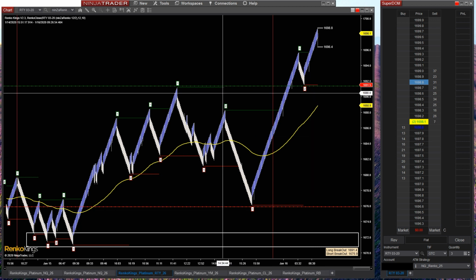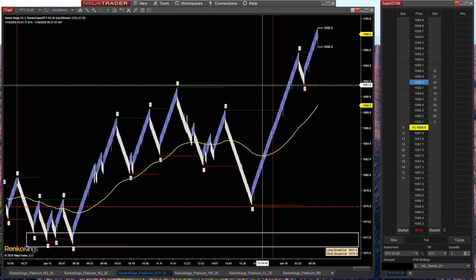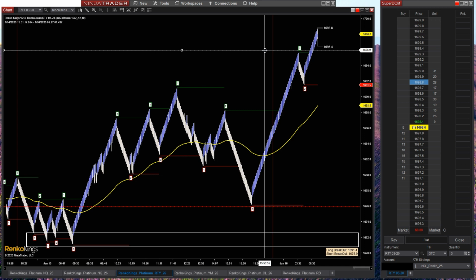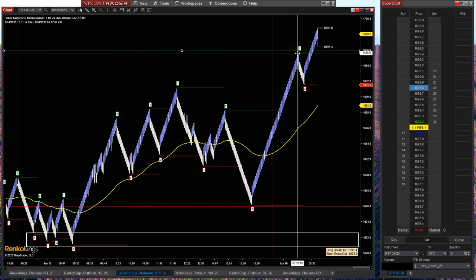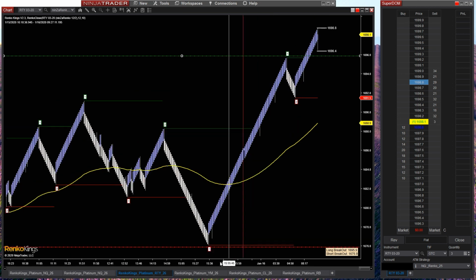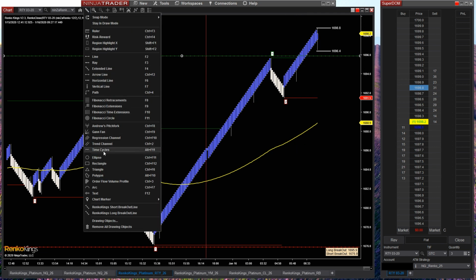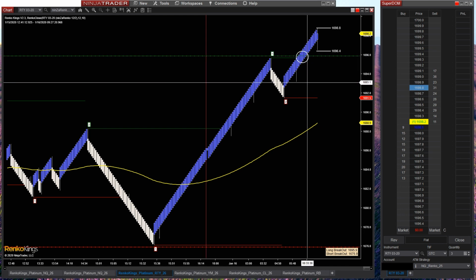The high breakout was yesterday's high, but I'm going to go ahead and move this up because in the overnight session, this was the high. So you can see that we already broke out of this. I'll mark that breakout so you can clearly see it. And there's the zone.